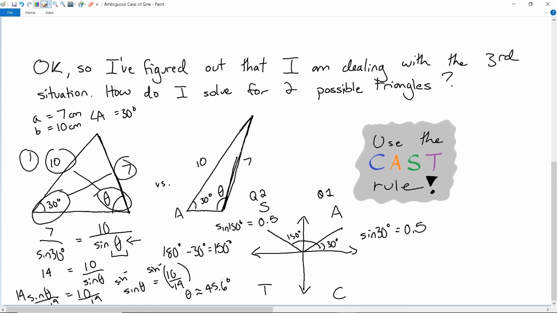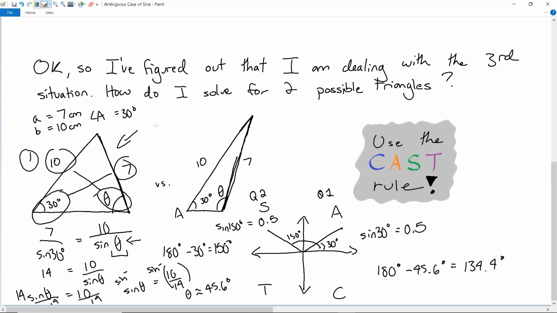We have to remember, though, that this is only the answer in quadrant 1. So when you plug this into your calculator, you're going to get the answer for quadrant 1. We need to figure out the angle that would give us the same value in quadrant 2. So I'm just going to do the usual subtraction from 180, and that gives me 134.4 degrees.